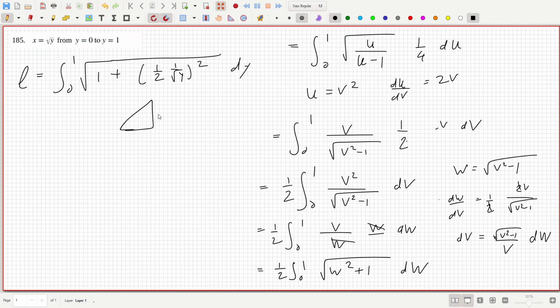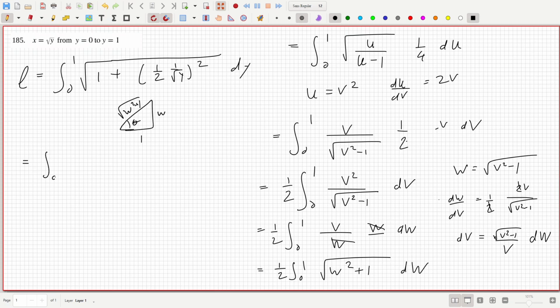And then that's w, 1, and then that's root w squared plus 1, and then that's theta. So this one, it's like a 1 over tan or something, is it?